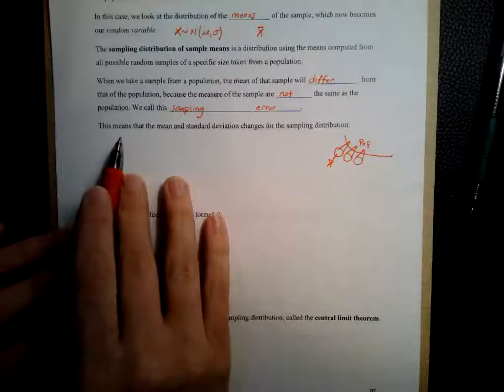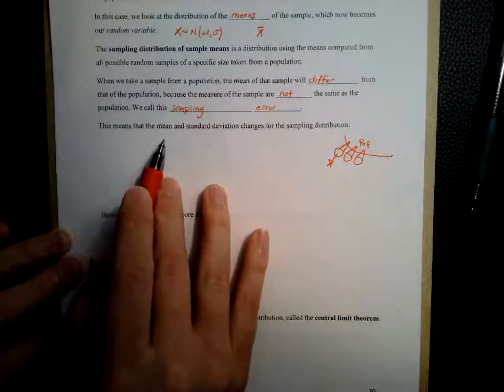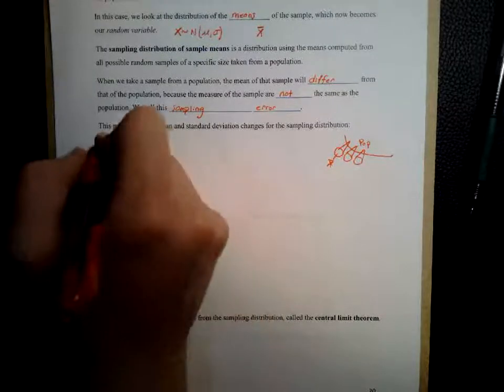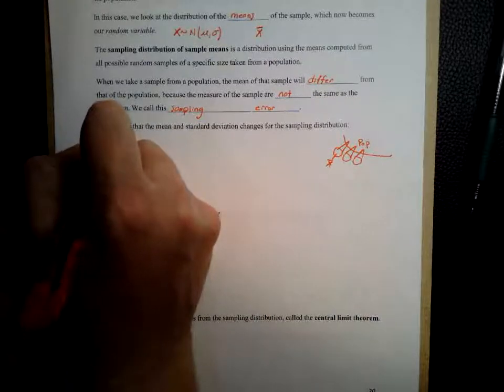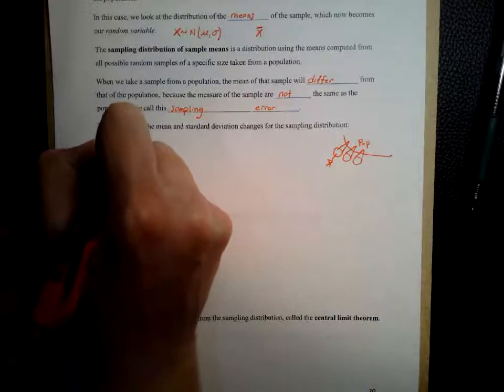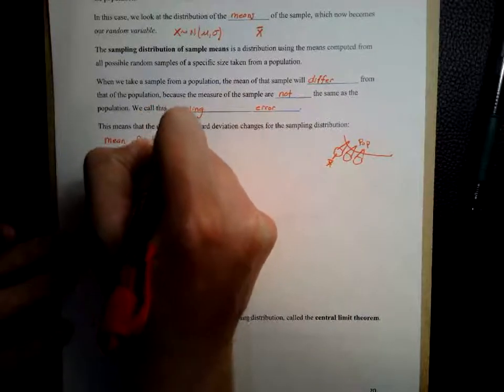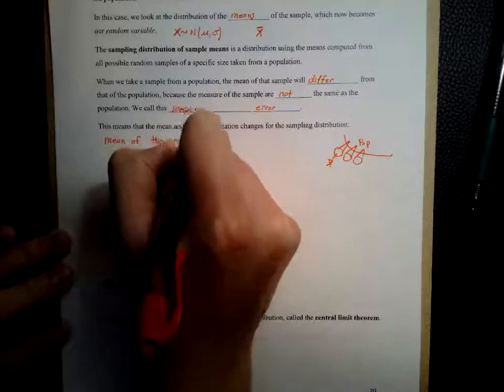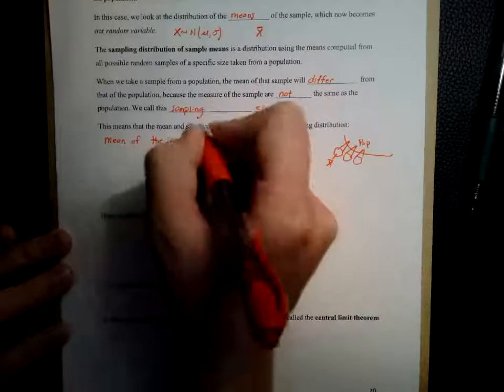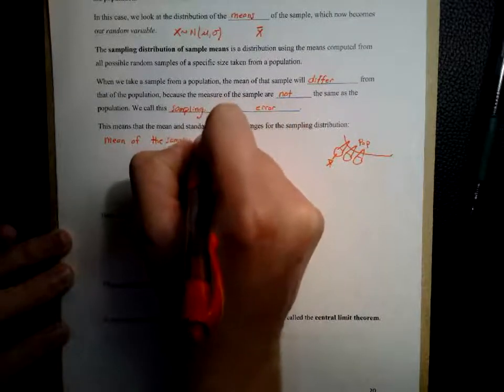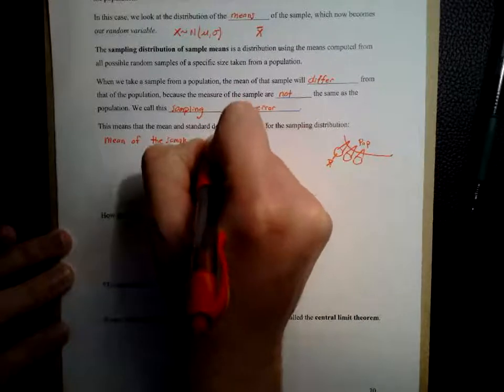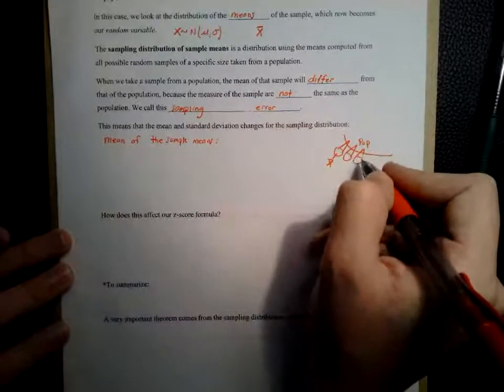Now let's look at the mean and standard deviation for the sampling distribution. So we're going to look at what is known as the mean of the sample means. What does that mean? That's just what we talked about over here.